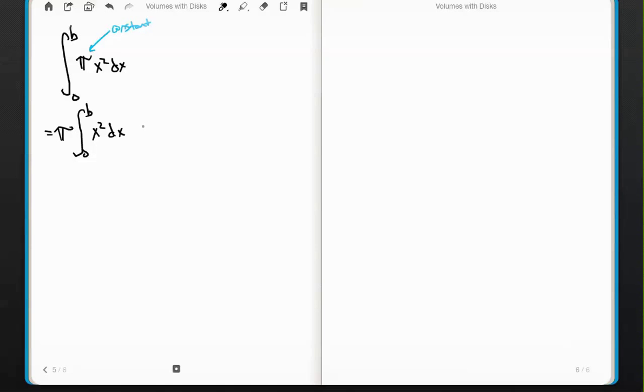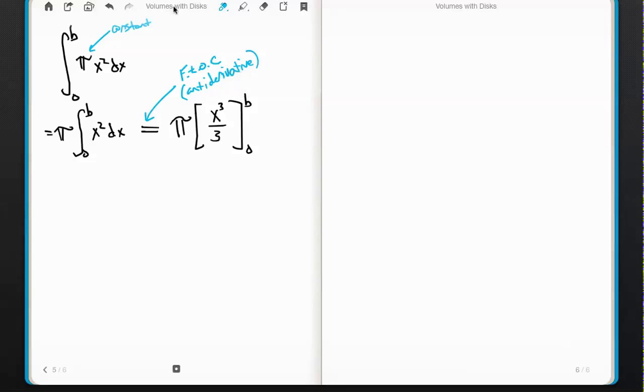Now, we know from the fundamental theorem of calculus that this equals pi times the antiderivative of x squared, which is x cubed over 3, and that's going to go from 0 to b. That's from the fundamental theorem. We use the antiderivative. Okay.